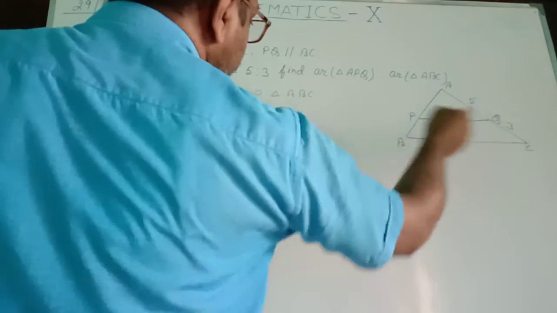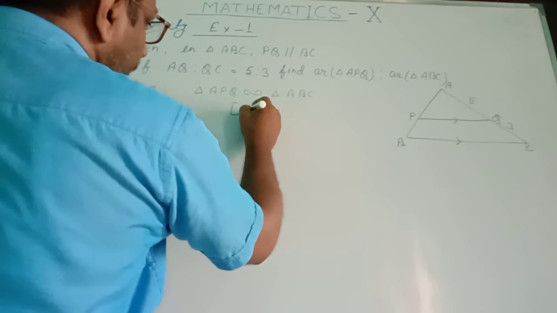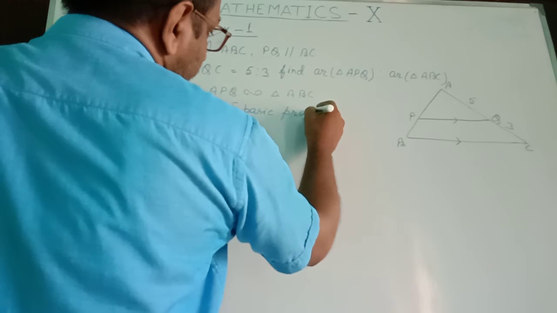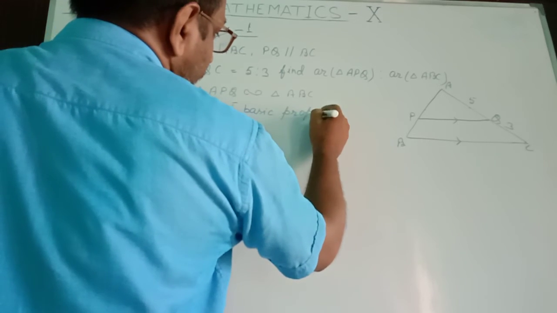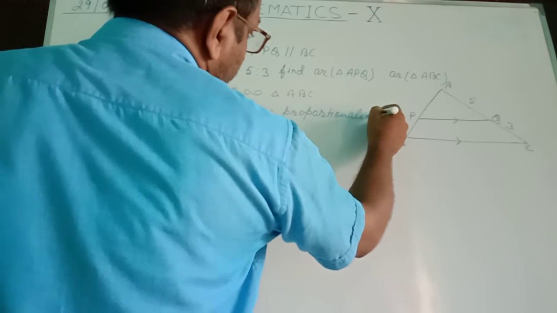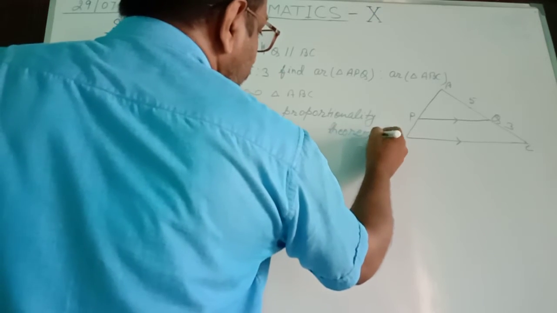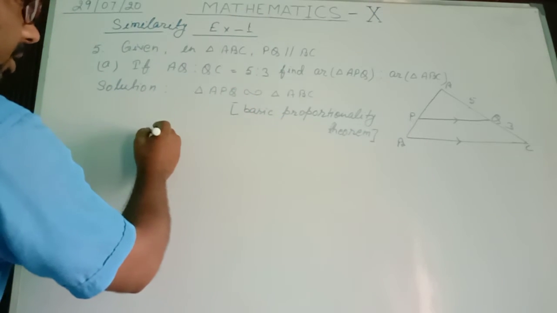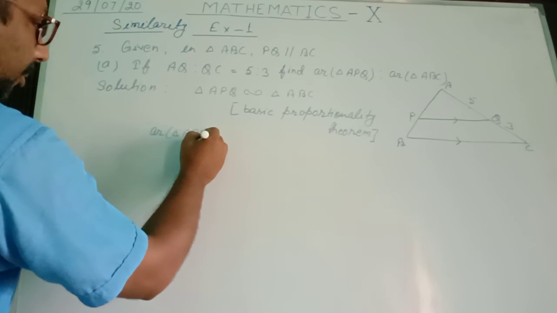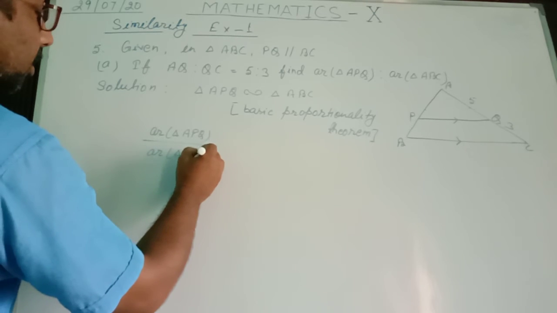This is drawn parallel to the third side, therefore these two triangles will be similar from the basic proportionality theorem.